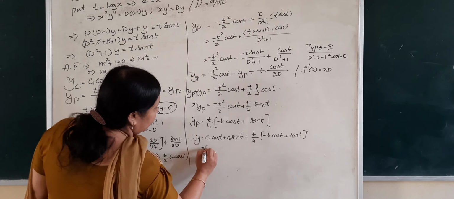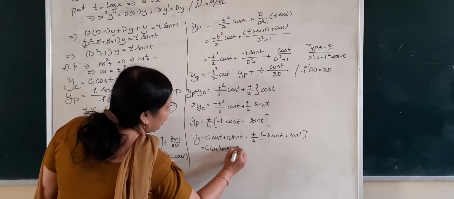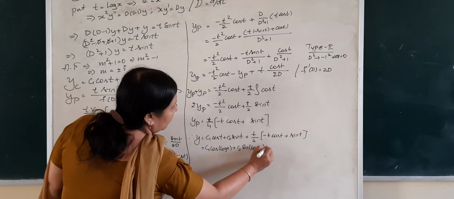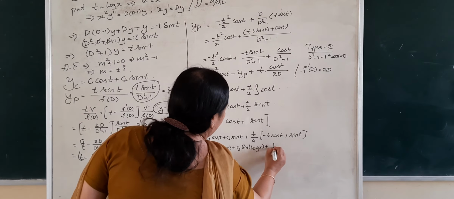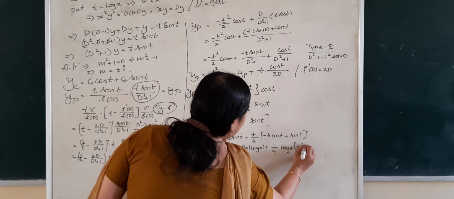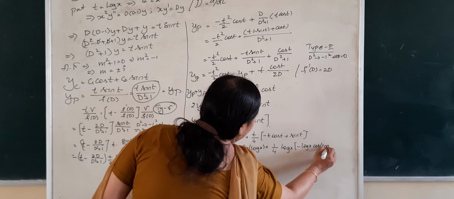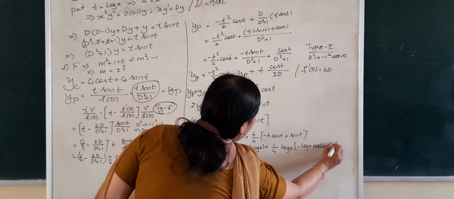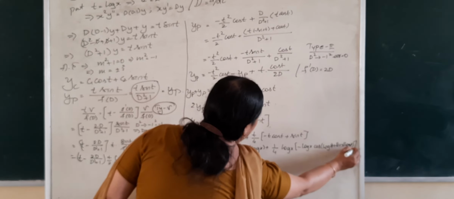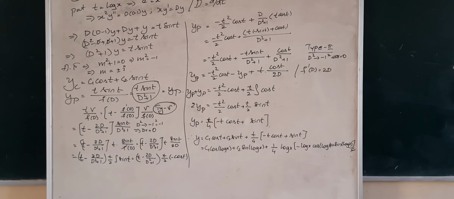So you are going to get c1 cos log x plus c2 sin log x plus, t is log x, so 1 by 4 log x into minus log x of cos log x plus sin log x. This is the final solution. Understood?